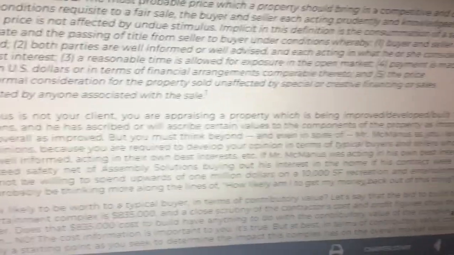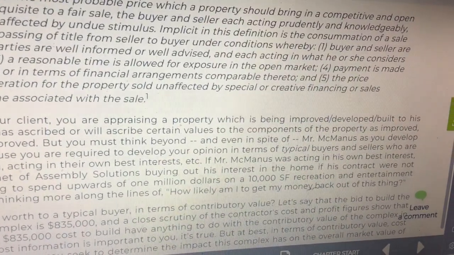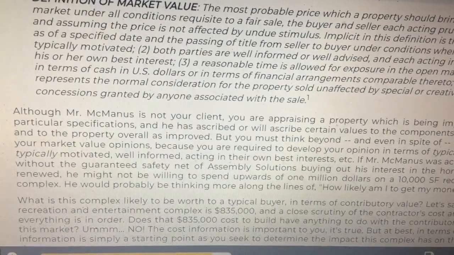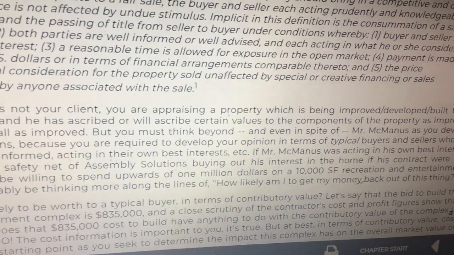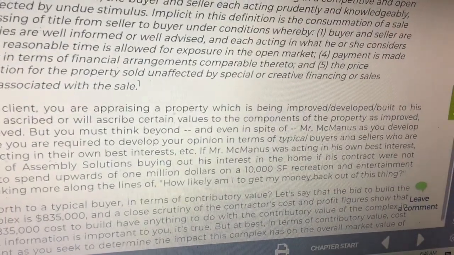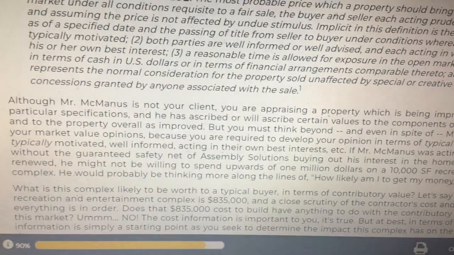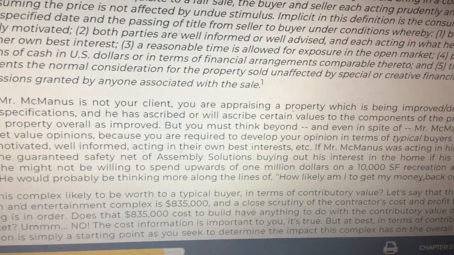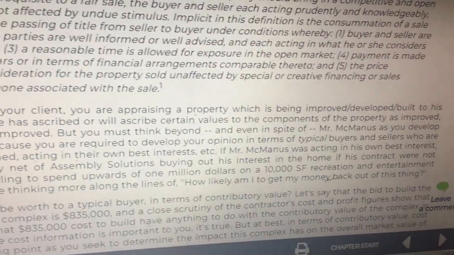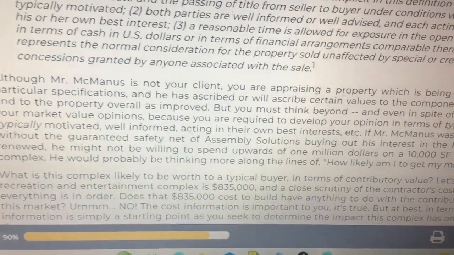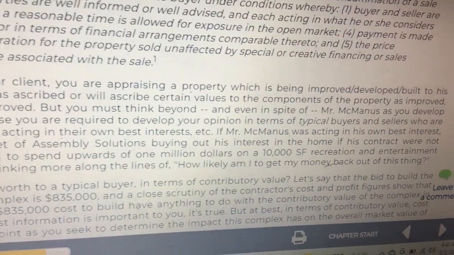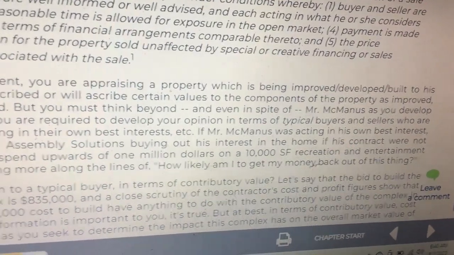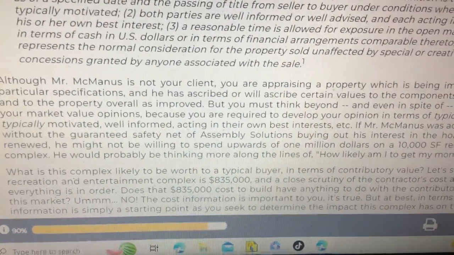Because you are required to develop your opinion in terms of typical buyers and sellers who are typically motivated, well-informed, acting in their own best interests, etc. If Mr. McManus was acting in his own best interest, without the guaranteed safety net of Assembly Solutions buying out his interest in the home if his contract were not renewed, he might not be willing to spend upwards of $1 million on a 10,000 square foot recreation and entertainment complex.